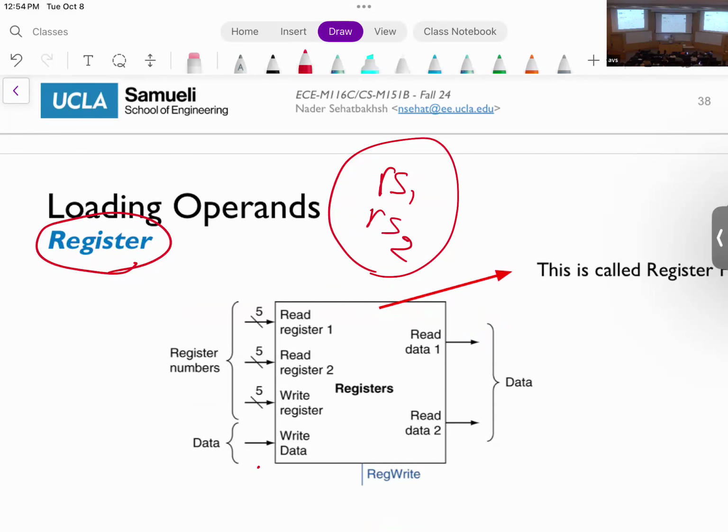Because again, this is a design decision. This is a trade-off. We can read one at a time, but that means that the process of reading is going to be serialized. I need to first read the first one and then the second one. What I can do instead is have what we call a 2-port register file, where we read 2 things at the same time.